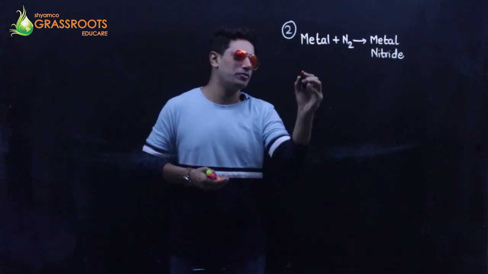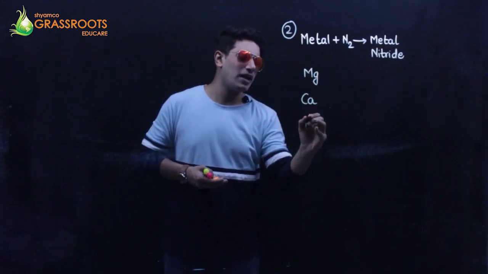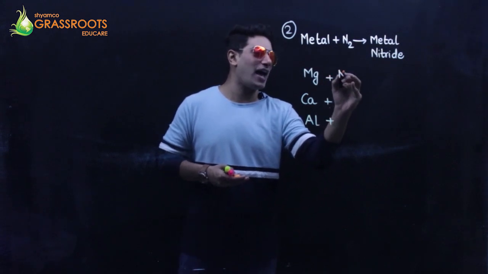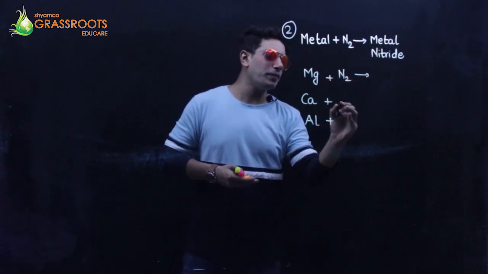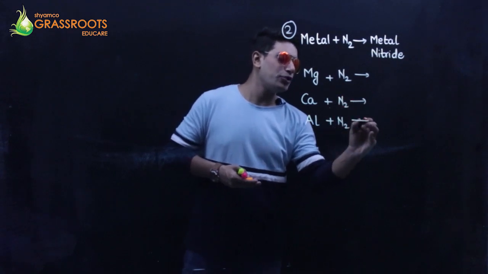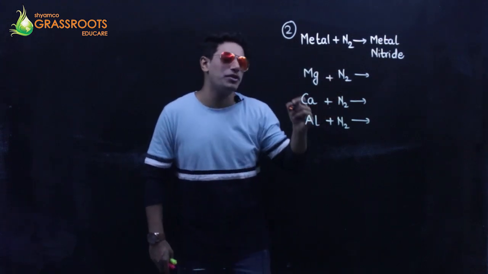Let's take an example. Magnesium as a metal, calcium as a metal, aluminium as a metal. They all react with nitrogen gas, forming the respective nitrides. Now you should know that magnesium is 2 plus and nitride is 3 minus.